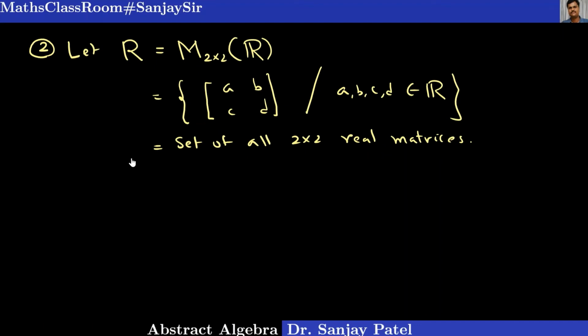It is also denoted by the symbol M2R because it is a square matrix in this case, but it is not compulsory that you take a square matrix in this example.